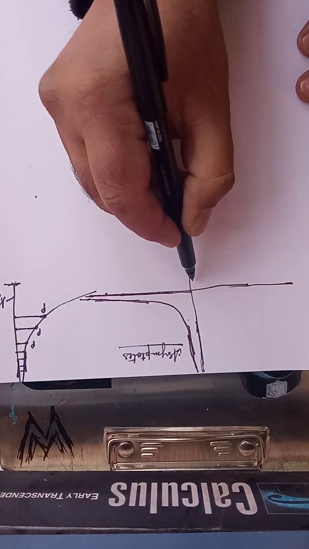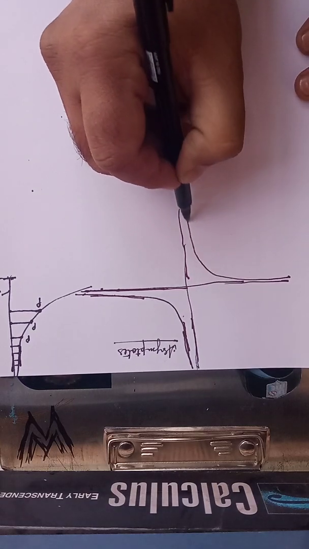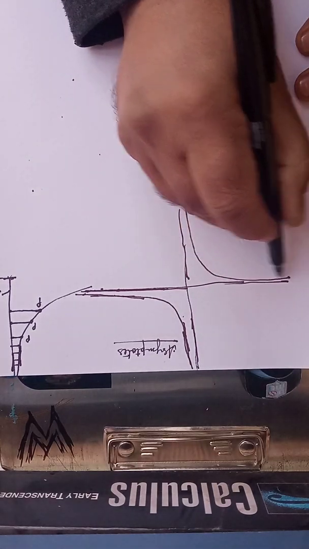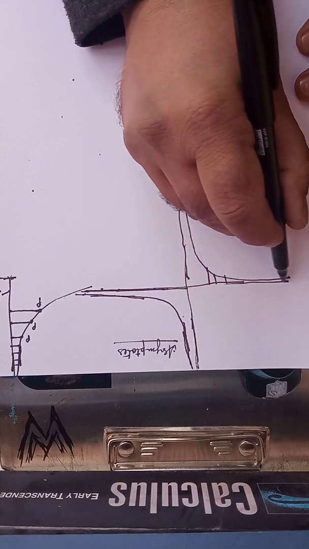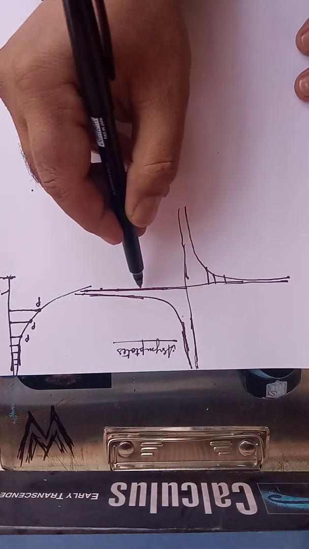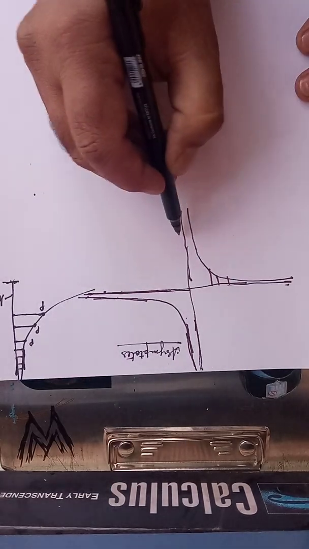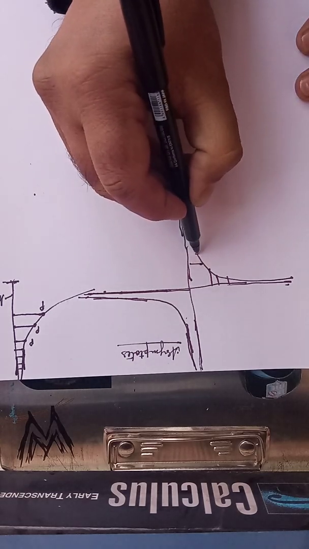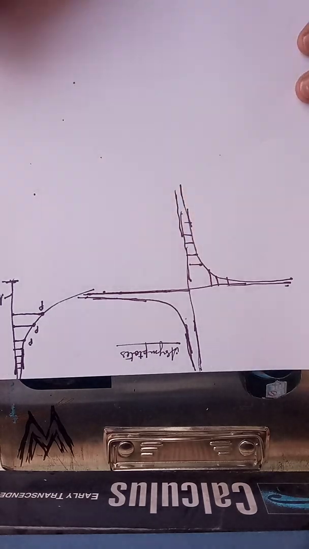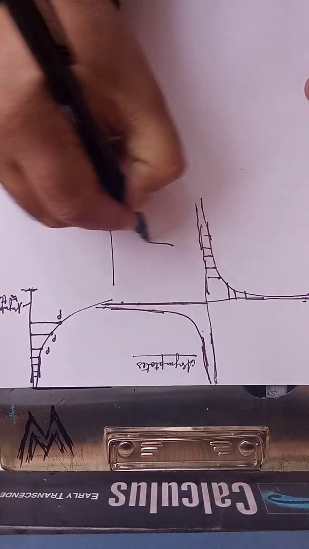Similarly here, this will meet somewhere at infinity. This is the x-axis, this is an asymptote parallel to the x-axis. This is an asymptote parallel to the y-axis. It will meet somewhere here. Okay, let me have one more example.